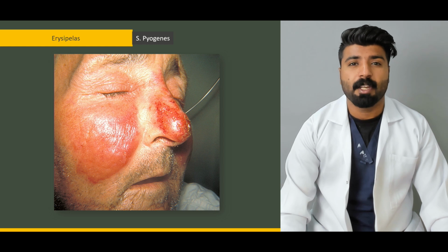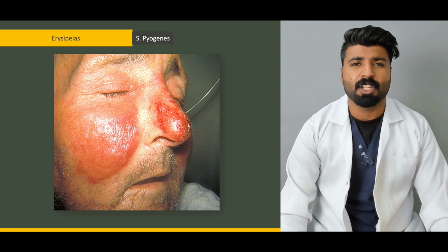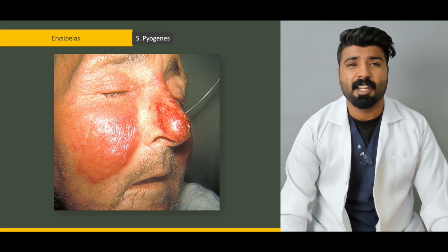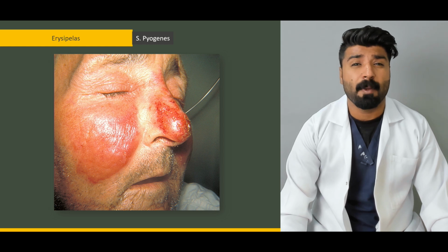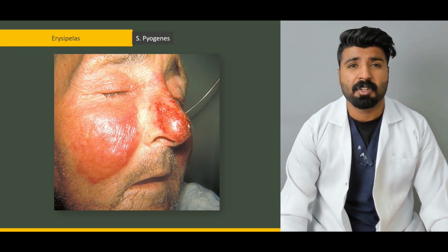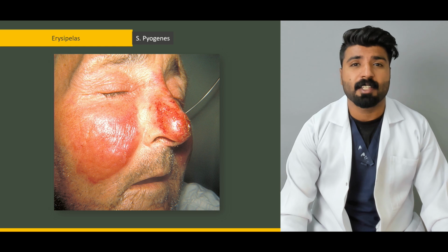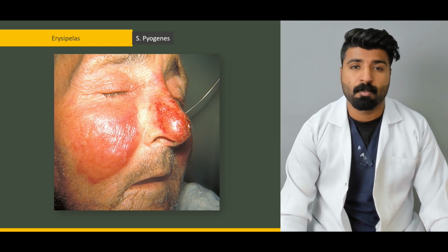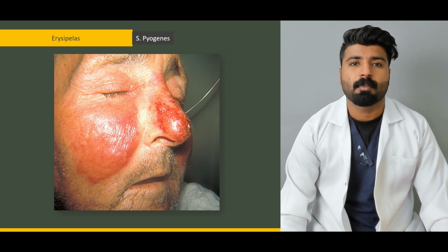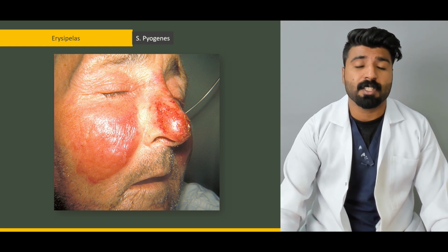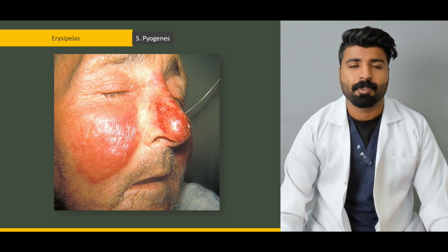It also involves the superficial lymphatics. The areas which get involved are basically your peripheral, distal areas like your toes and your foot, and this might also include your face, in which your nose has the most occurrence of this pathology.